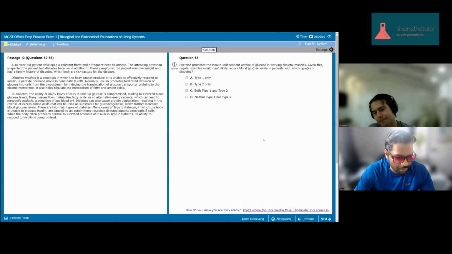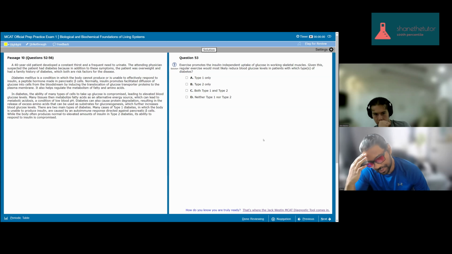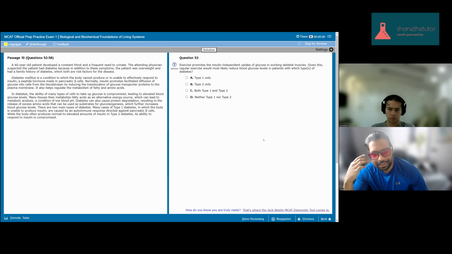So, okay, saying exercise promotes the insulin independent uptake of glucose in working skeletal muscles. So the type 2 makes sense, but why wouldn't type 1 also work? Not sure.